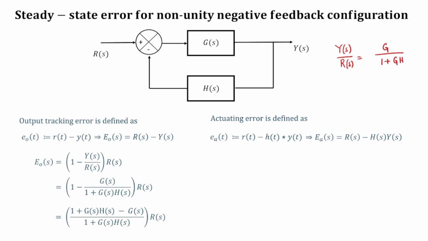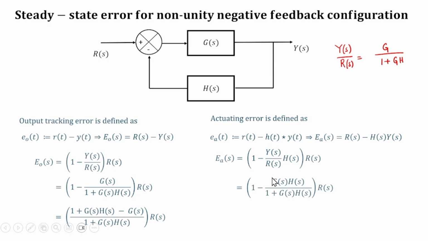Whereas for the actuating error, if we do the same thing, and we replace Y(s)/R(s) here by G/(1+GH), then you do the simplification, you end up with an expression of this form.